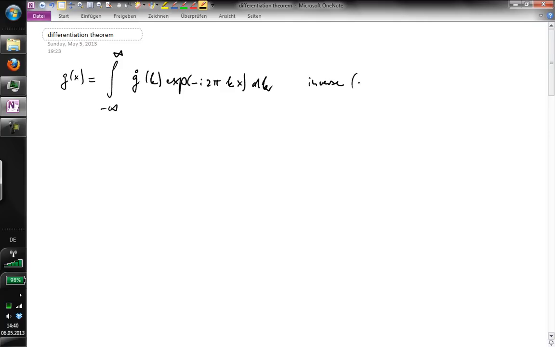So this is the inverse continuous Fourier transform. Then now taking the derivative here, which by linearity of the derivative operation, I can pull into the kernel of the integral.